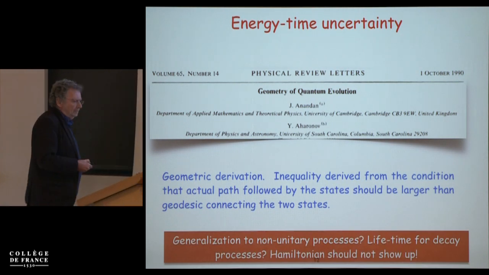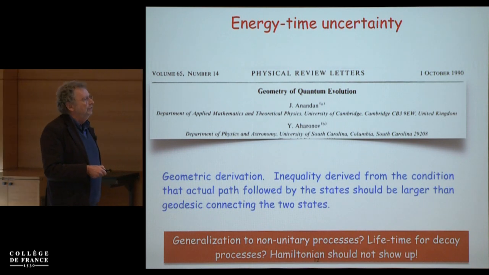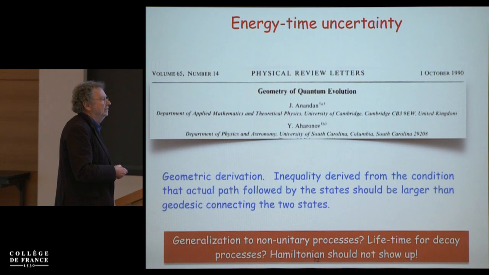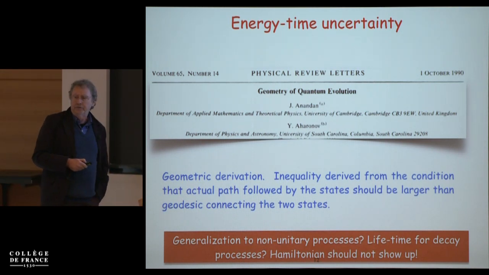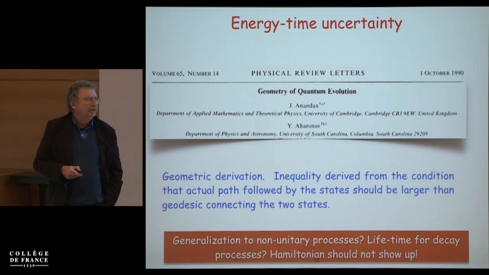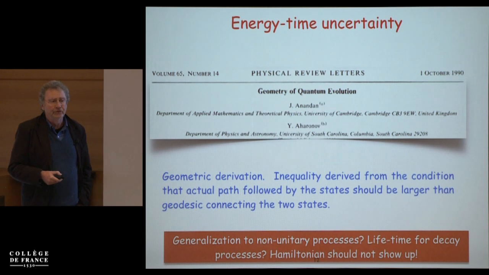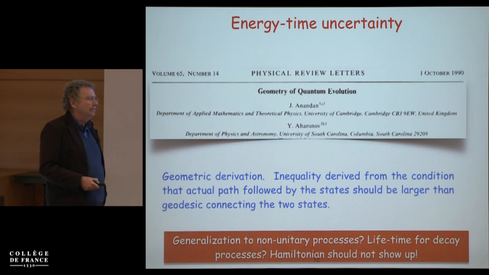Now, what we want to do is to generalize this to non-unitary processes. Now, why is that? Well, we would like, for instance, to calculate the lifetime for decay processes, necessarily an open system. And if we do that, the Hamiltonian should not show up, because it's an open system. You know, we cannot define a Hamiltonian in this case in general.